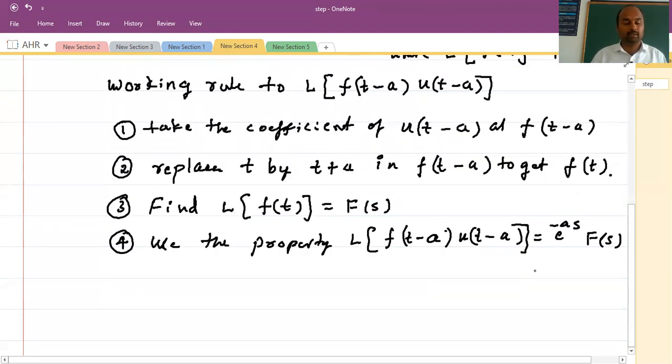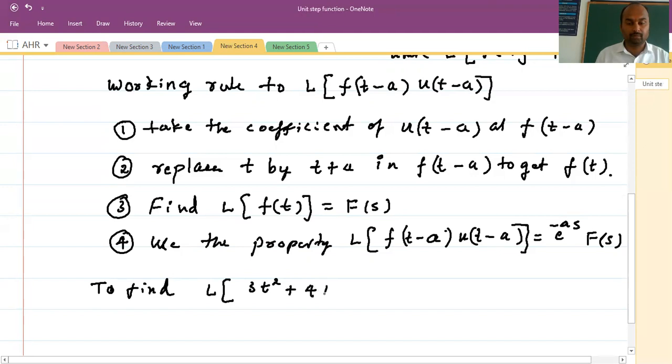Now I will explain this working rule by taking an example. Find the Laplace transform of 3t square plus 4t plus 5 into u of t minus 3.